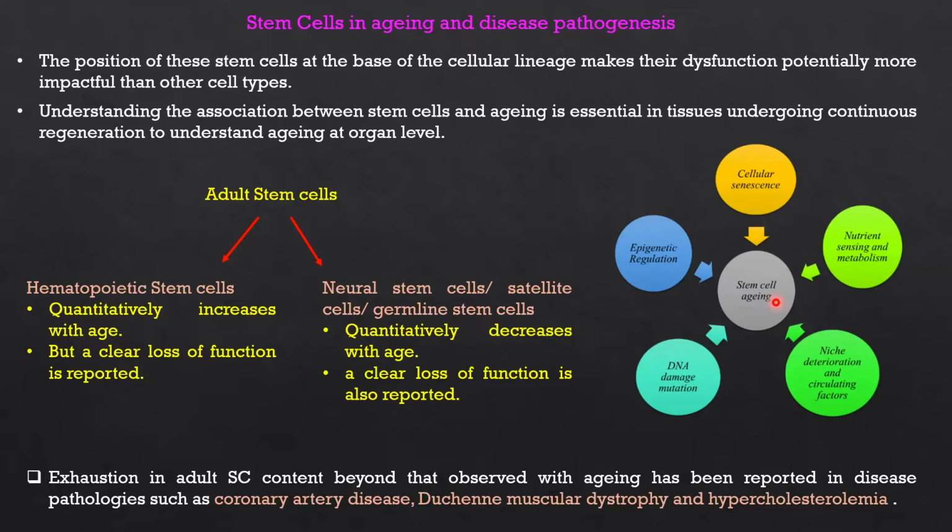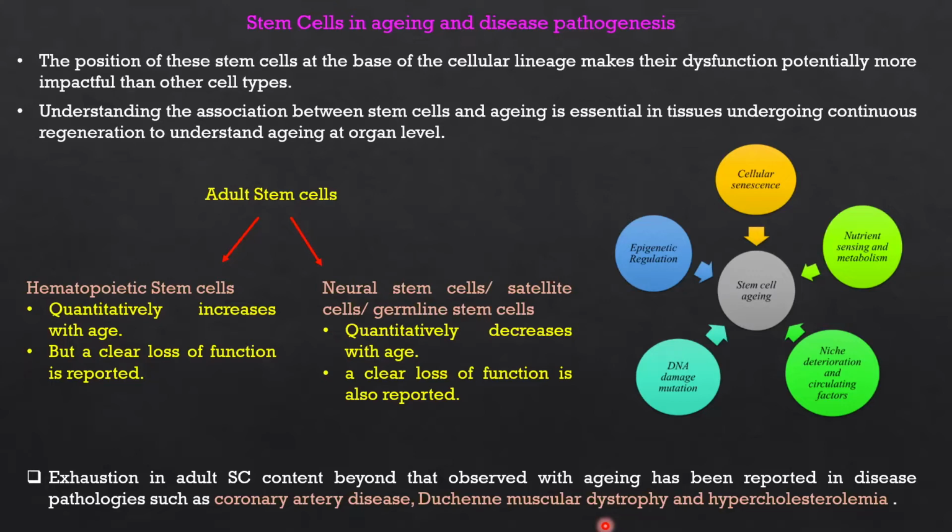And coming to the disease condition, a clear reduction greater than the one seen in aging is observed when we talk about stem cells and diseases. A clear reduction beyond aging is seen in coronary artery disease, muscular dystrophies, and hypercholesterolemia. In the case of muscular dystrophies, for example, the stem cell pool is exhausted because muscular dystrophy involves wastage of muscles, and to repair the wastage, the stem cells are active continuously.